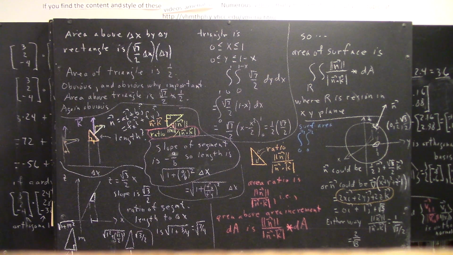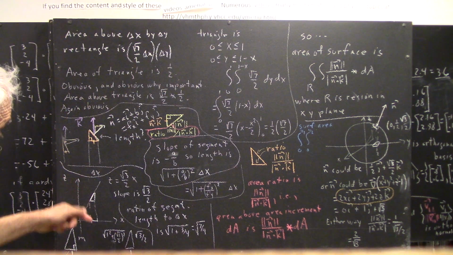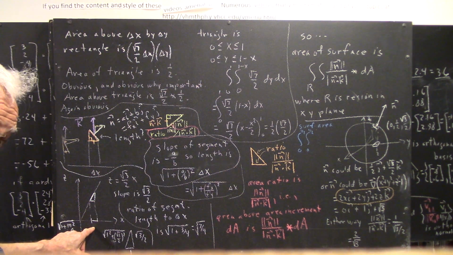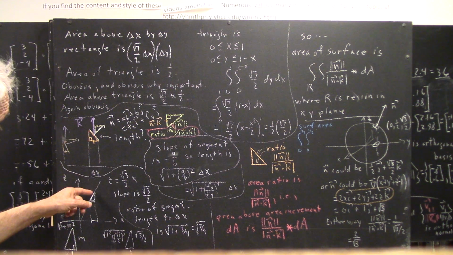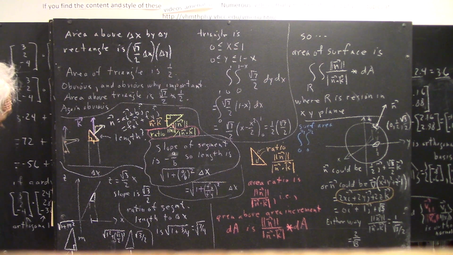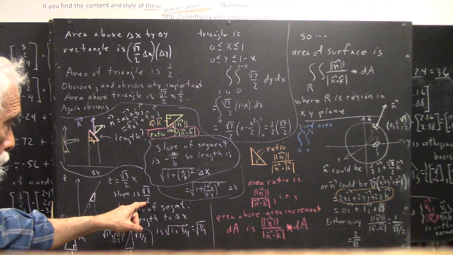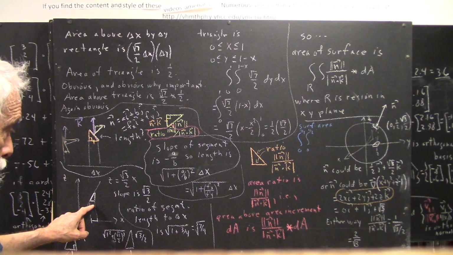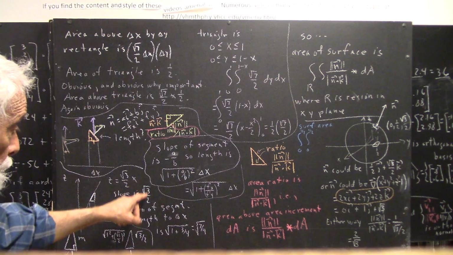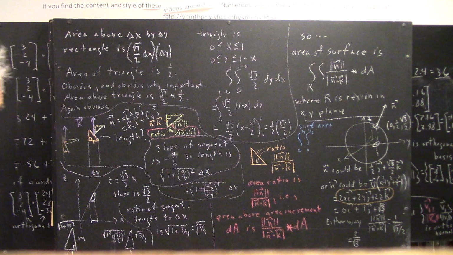That's very straightforward if we understand what slope is and what that tells us about this triangle. This distance is your delta x distance down here, and this is the distance we're trying to find, and we know the slope, meaning that this distance has to be square root of 3 over 2 times this distance, because the slope is rise divided by run. The rise has to be square root of 3 over 2 times the run.